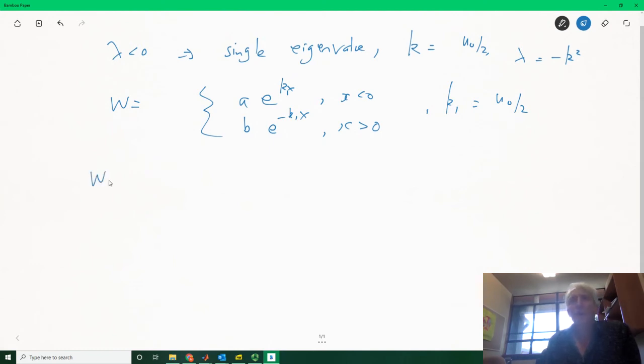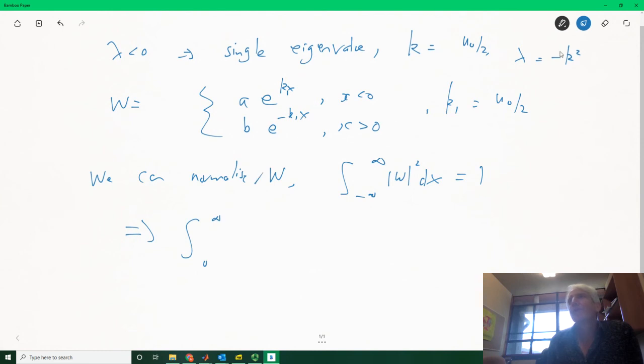And finally, we can normalize. It's not super important to do this, but we can normalize w, and we want the integral from minus infinity to infinity of mod w squared, the L2 length, to be equal to 1. That means it's symmetric, so we'll just go from 0 to infinity.